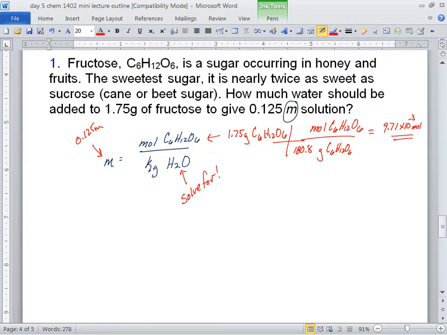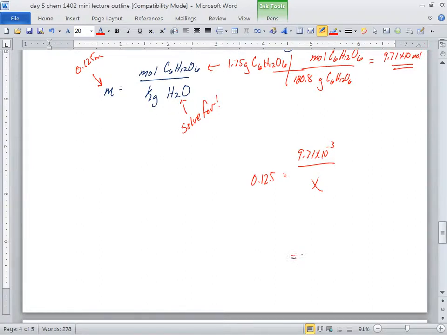Okay, so there's our mole number. So you'll end up with the equation like 0.125 is 9.71 times 10 to the -3 all over x or something, right? And out of that, we better get kilograms of water.